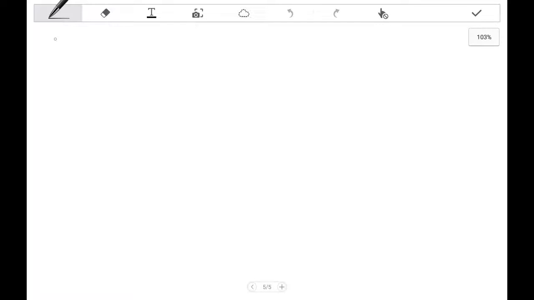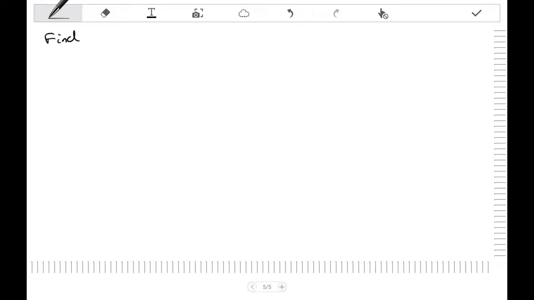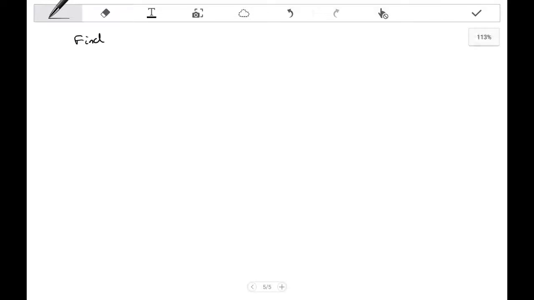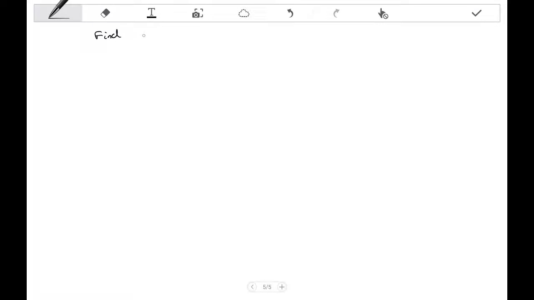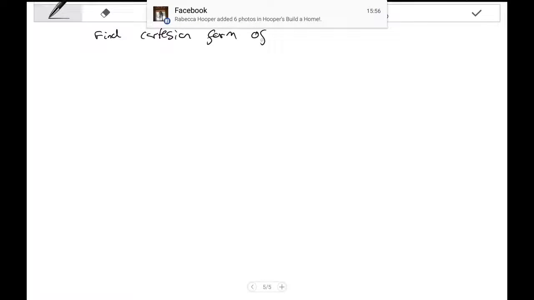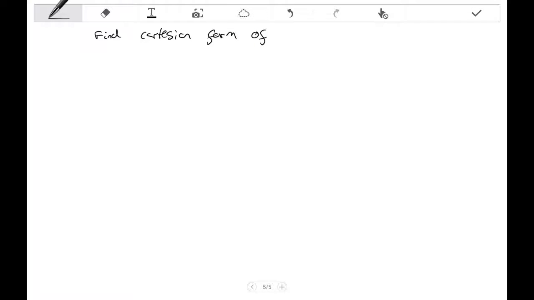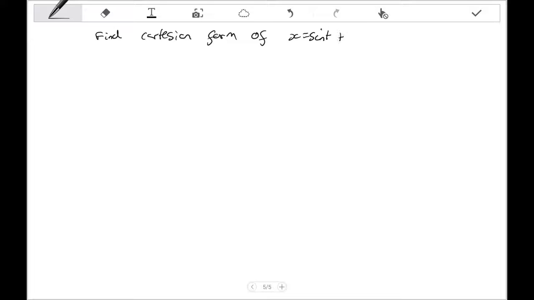We're going to find the Cartesian form of x equals sine t plus 4, y equals cos t plus 2. Okay, I'll give you just a moment to think about how you might go about finding the Cartesian form for these equations.